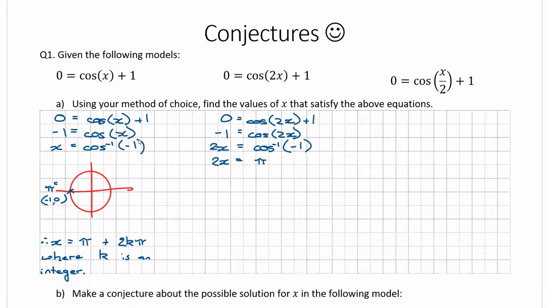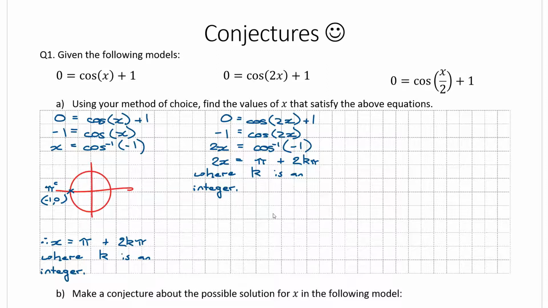And remember the periodic nature of cosine. So it's not just going to be pi, it's going to be plus 2k pi. And once again, k is going to be an integer.